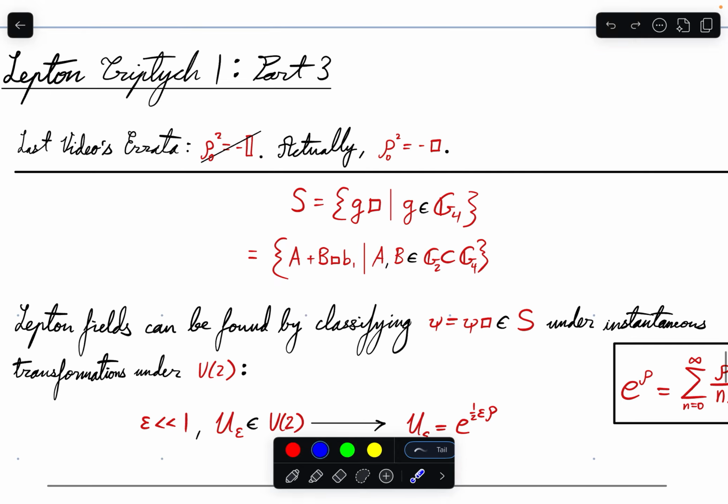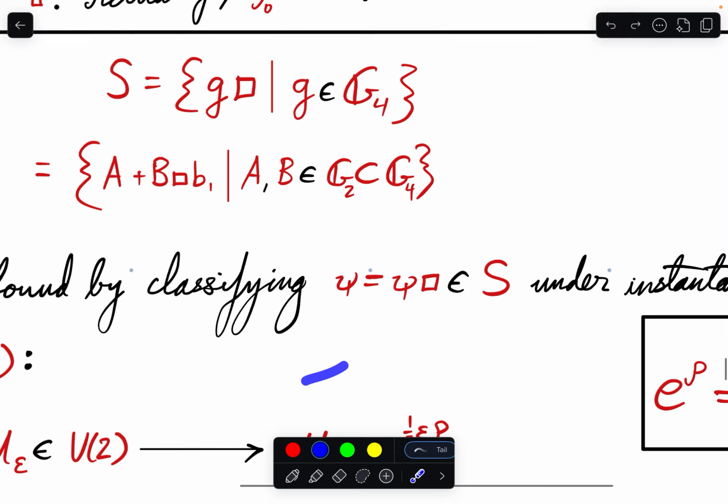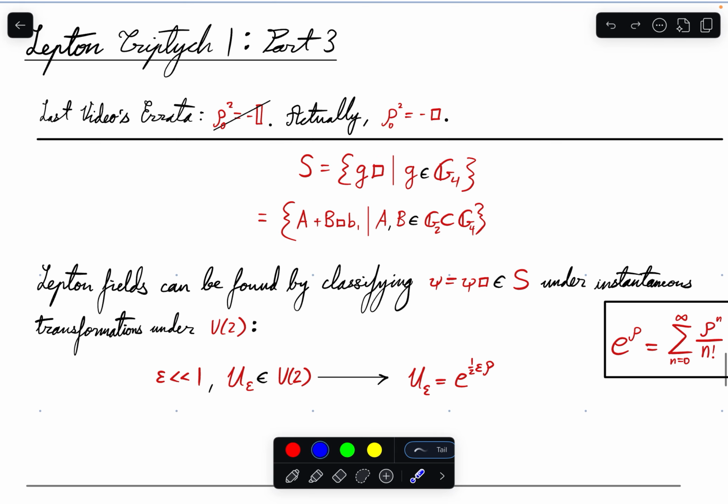So now we can find lepton fields by classifying them. So suppose we have some C, which is implicitly here defined as C times this box. So it's in the spin space. And we're going to consider instantaneous and infinitesimal transformations under U2. I say infinitesimal because when you take an infinitesimal transformation, the only contribution comes from identity and instantaneous transformation.